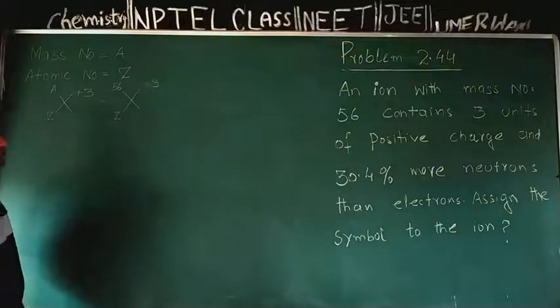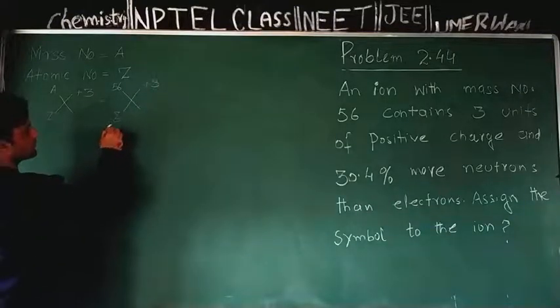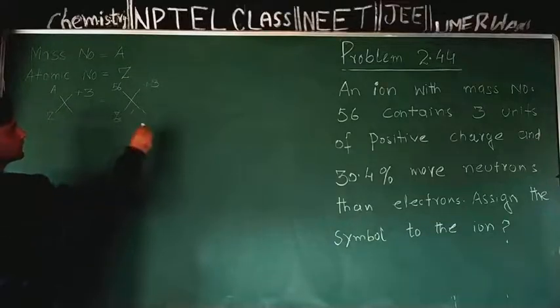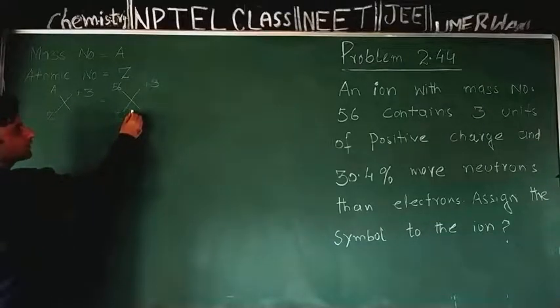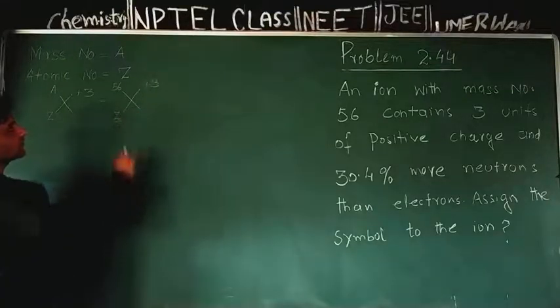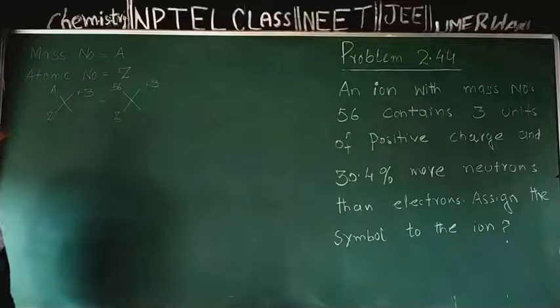Now what I have to determine? I have to determine first atomic number, then I can identify element, and then I can write symbol X for this element which forms this tripositive ion.